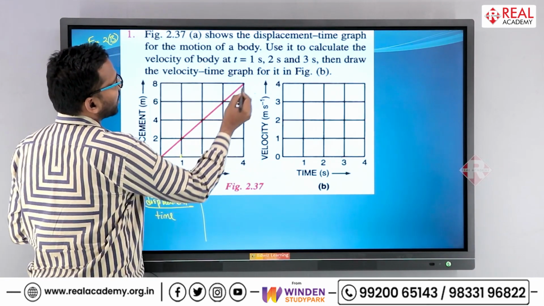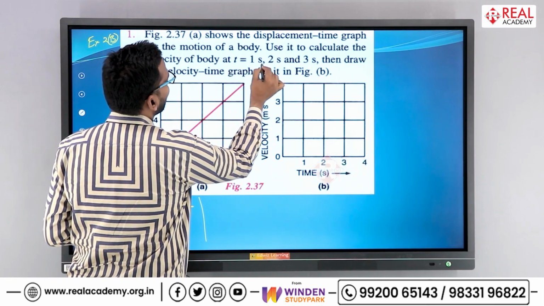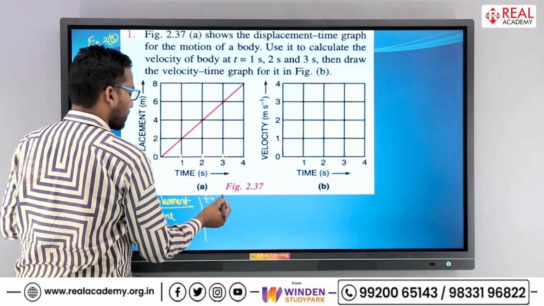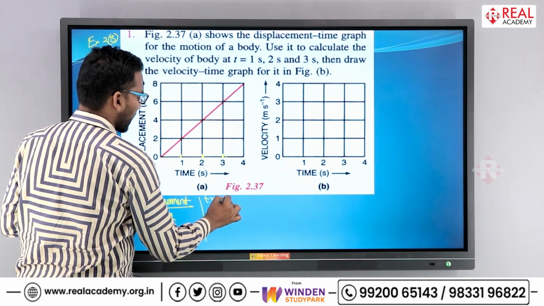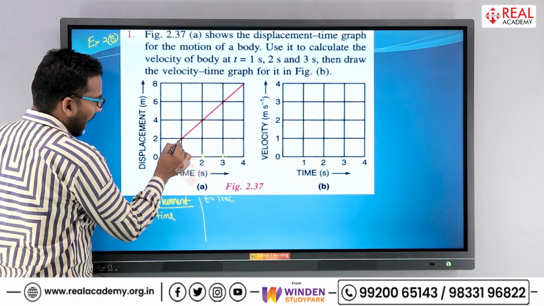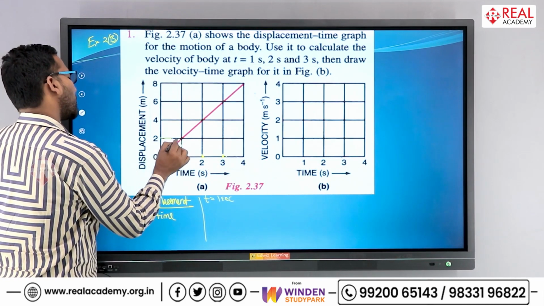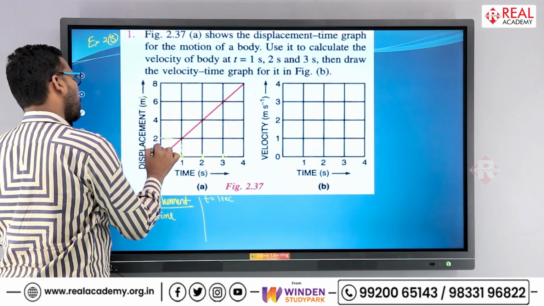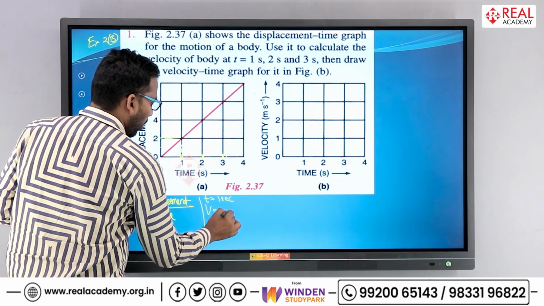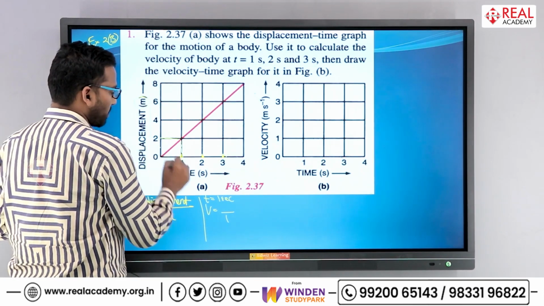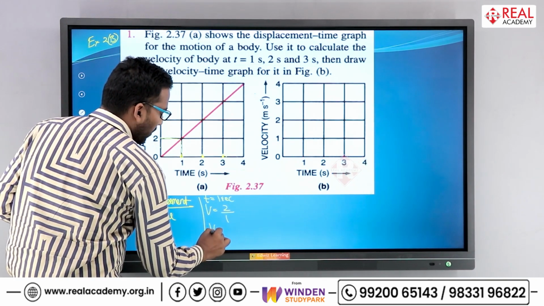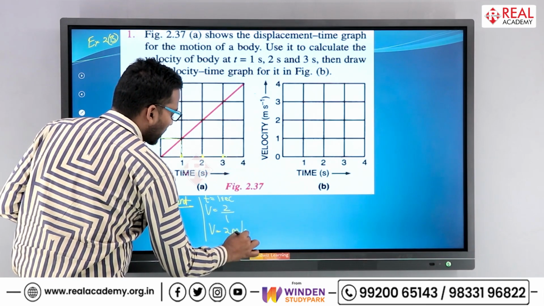Now there are three conditions mentioned: t equal to 1 second, 2 seconds and 3 seconds. Suppose we take t equal to 1 second. From the graph we can see that at 1 second the displacement is 2 meters. So for 1 second the displacement is 2 meters, and the velocity is 2 meter per second.